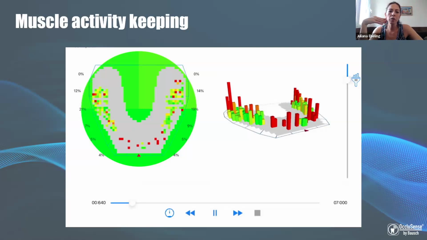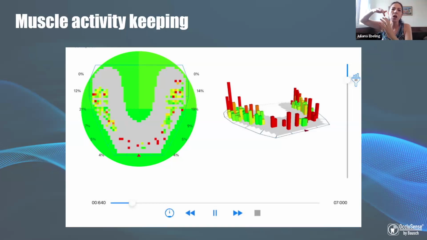When we study muscle physiology, we can understand that we have a very fast activity of contraction from these fibers, but these fibers are not able to keep this contraction for a long time.